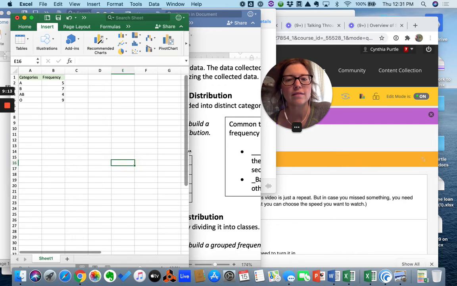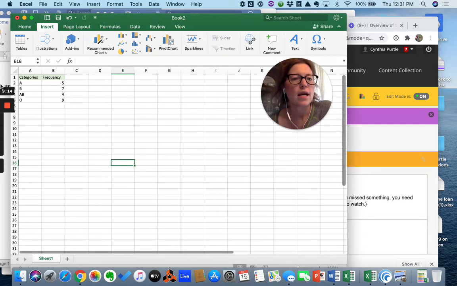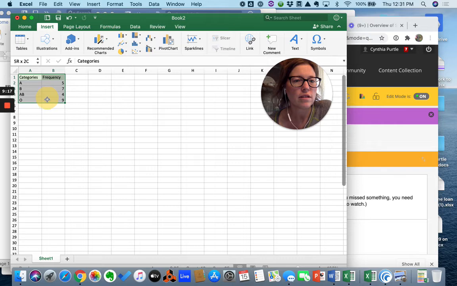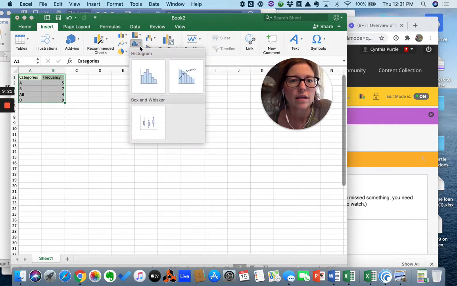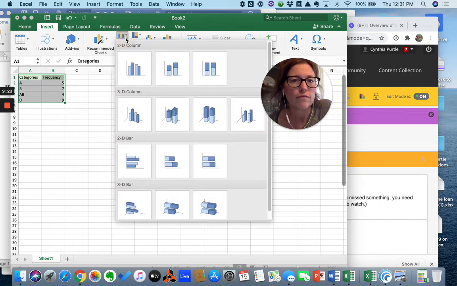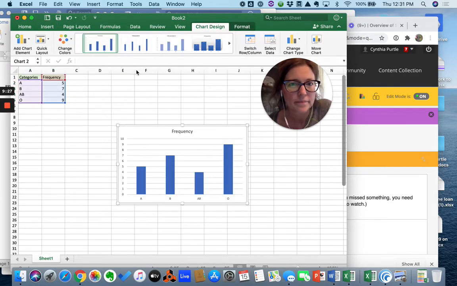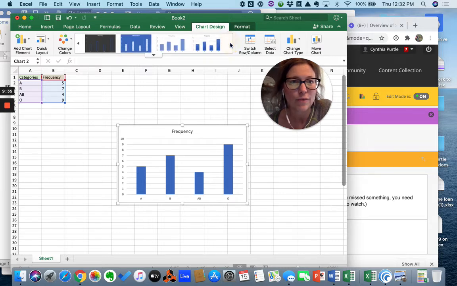Okay, so that's a pie graph. The other kind of chart that we would commonly make with categorical data is a bar graph, like that. Lots of different ways you can make it.